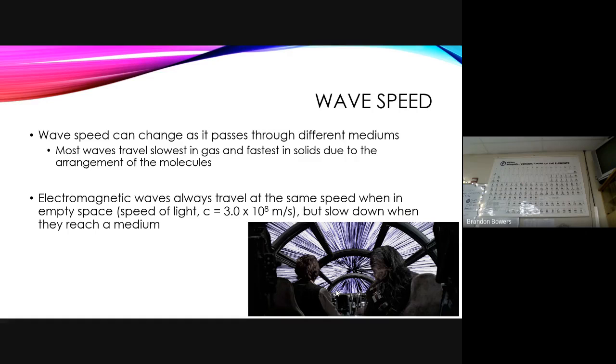That is the speed of light: 3 times 10 to the 8th meters per second. That's 300 million meters every 1 second. That's so fast. So electromagnetic waves travel at that speed.